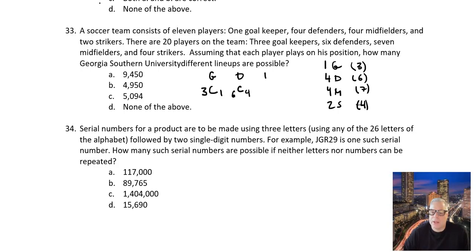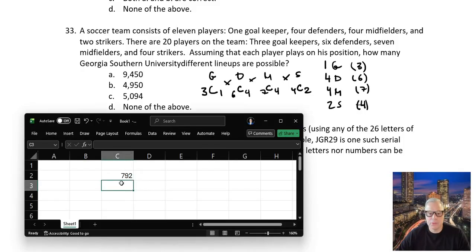Then the midfielders, we can choose 4 from 7. And for the strikers, we can choose 2 from 4. Now that calls for the multiplication rule, because we have to choose for the goalkeeper and the defense and the midfield and the attack. So we have to multiply that through, and of course that is something I will do in Excel.